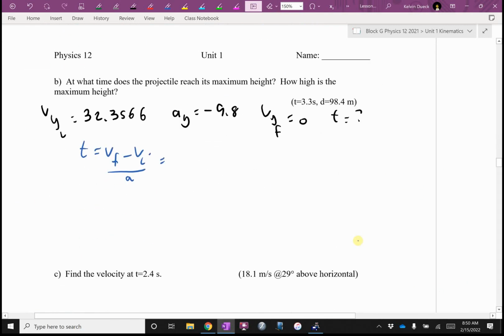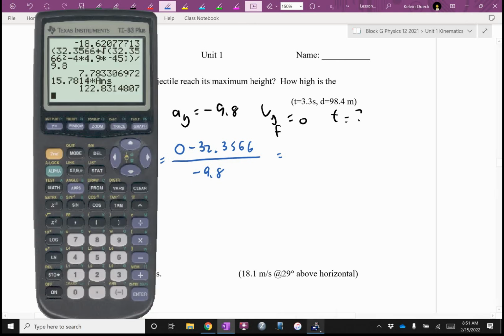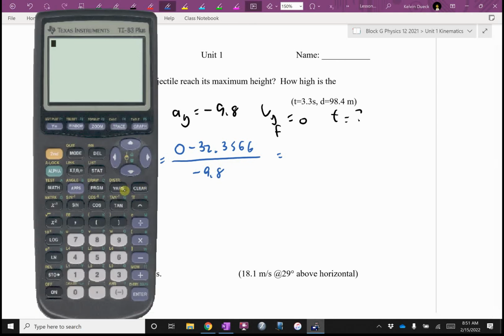So it's going to be 0 minus 32.3566 all over negative 9.8. By the way, instead of typing 32.3566, if you really want it to be accurate, you could just type in 36 sine 64, and that's almost less typing.